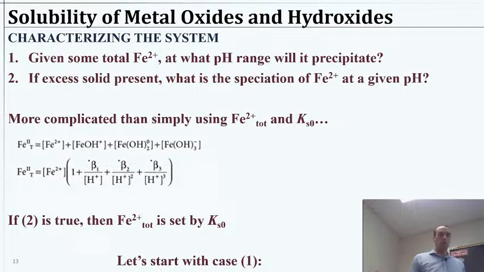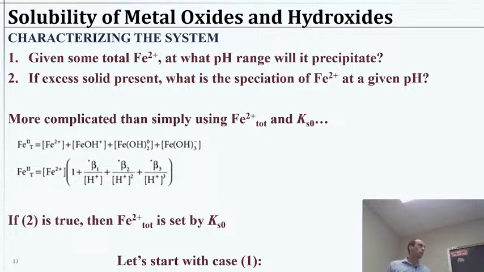So with that in mind, we can kind of ask ourselves 2 questions. One, given some total of iron, at what pH are we going to precipitate? So if we had 10 to the minus 4th moles per liter of iron, at what pH do we get precipitates forming?